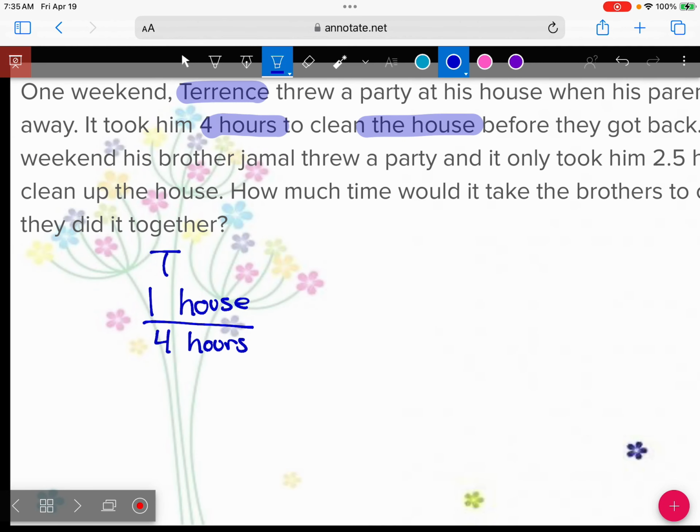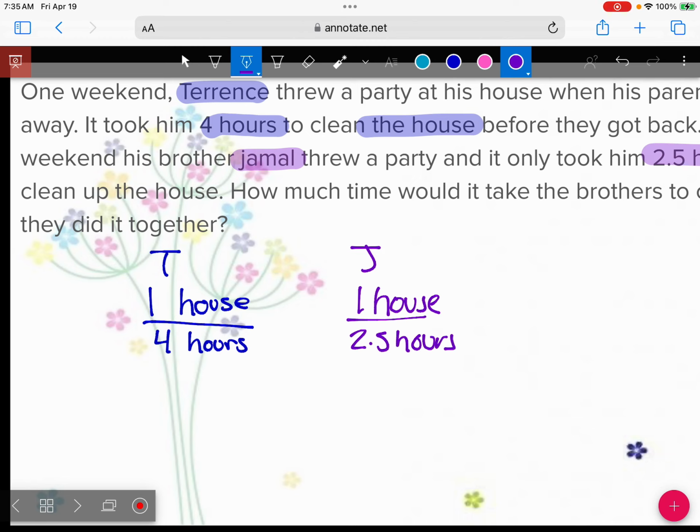And Jamal can clean the house in 2.5 hours. So Jamal can clean one house per 2.5 hours.